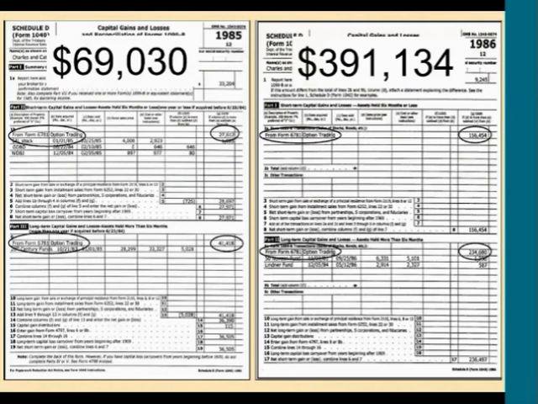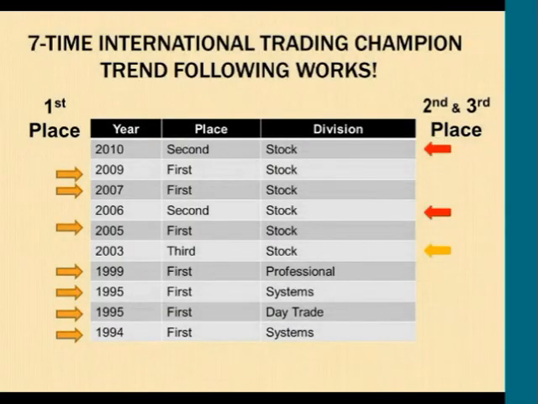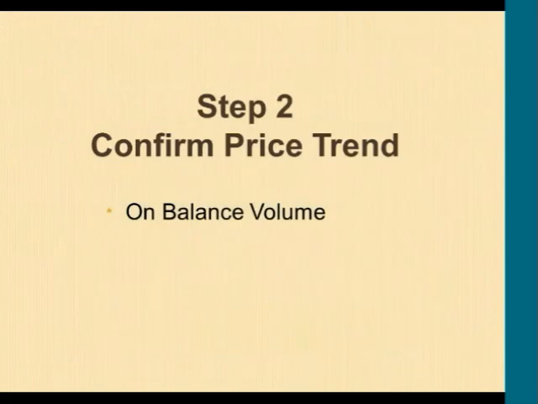So made over $460,000, even though I started small. And so these trend following systems have been working for a long time. I've also had 7 first place finishes in the trading competition, and I've also had some second and third place finishes. So I'm not trying to brag, I'm just trying to show you that these trend following systems have a long history of profitability behind them.